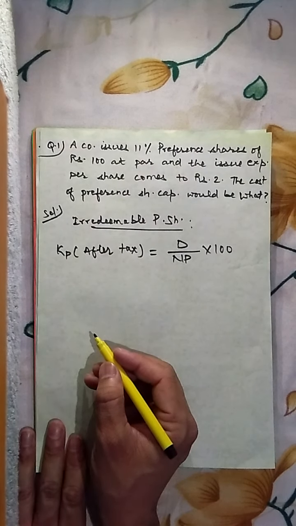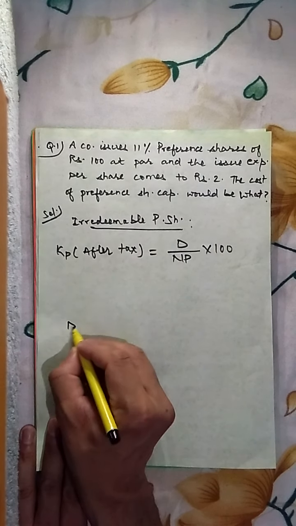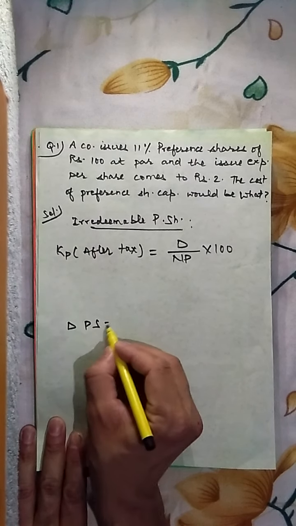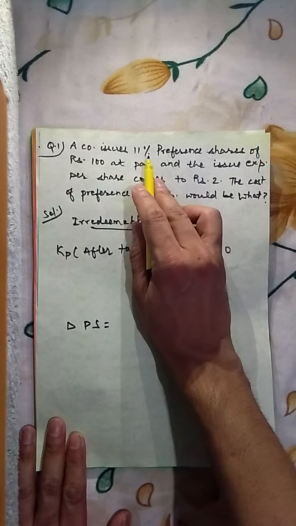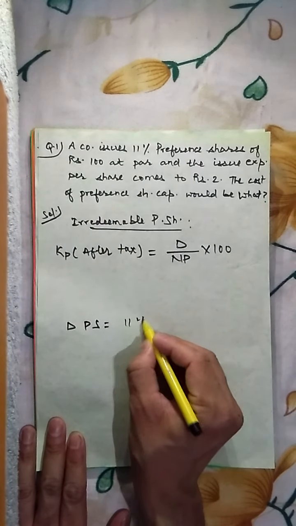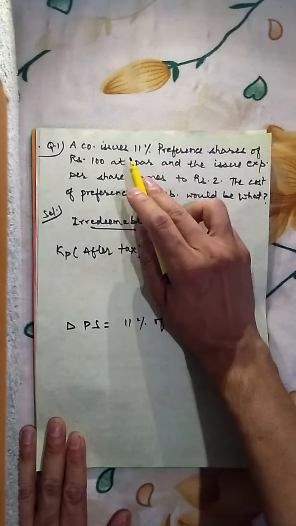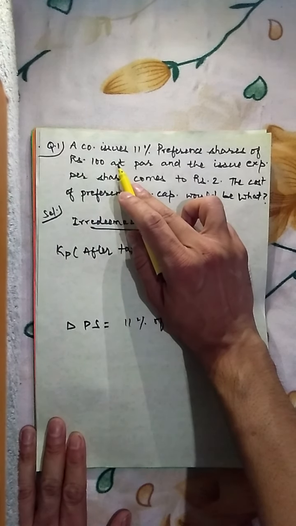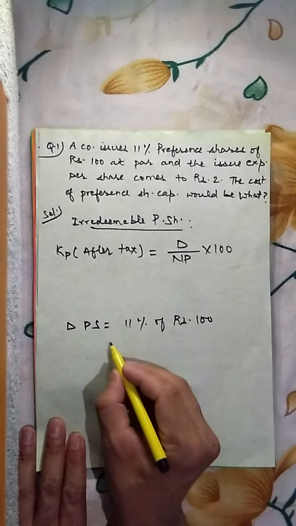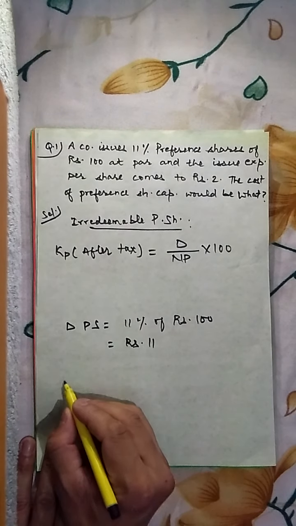And in the question, as per the details given to us, we can easily calculate that dividend per share, or D or DPS, is equal to 11% of rupees 100. Why? Because 11% preference shares is clearly given information. So 11% of rupees 100, that is equal to rupees 11.